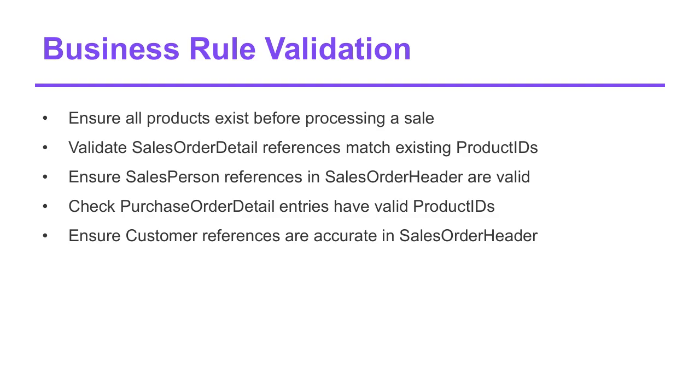Purchase order details require the same level of validation, making sure each product ID they include is legitimate. Finally, the customer references in the sales order header should be thoroughly validated to confirm they correctly represent the actual customers involved. These checks are essential to maintain data integrity and avoid errors in transaction processing.